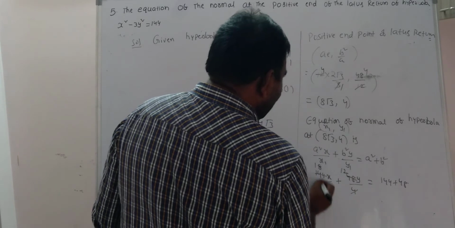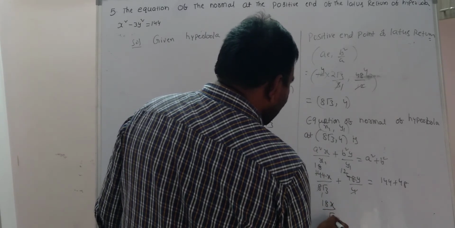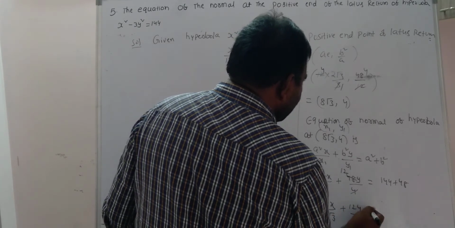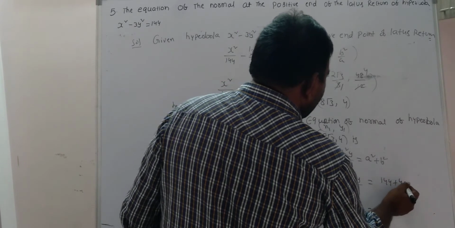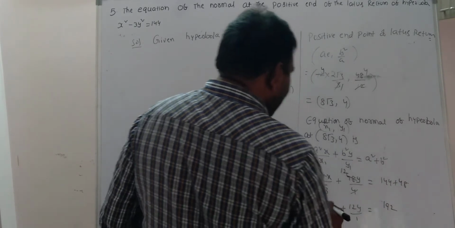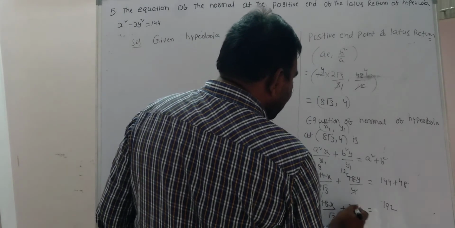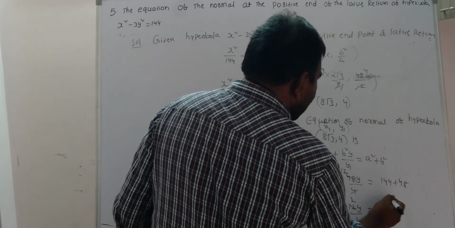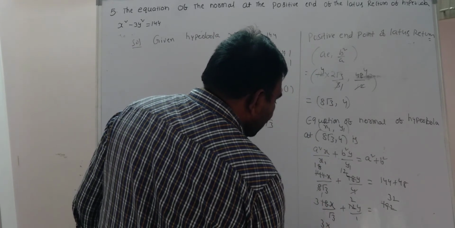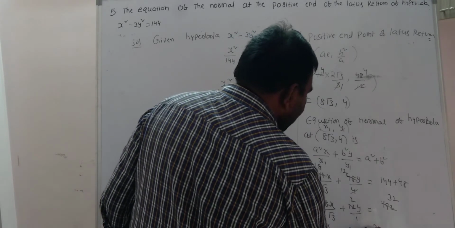So here we get 18x by root 3 plus 12y is equal to 144 plus 48, which gives 192. Divide on both sides by 6: 6 threes are 18, 6 twos are 12, and 192 divided by 6 is 32. We get 3x by root 3 plus 2y is equal to 32.